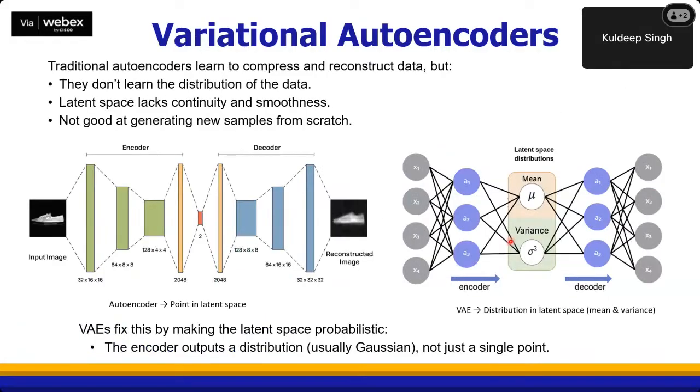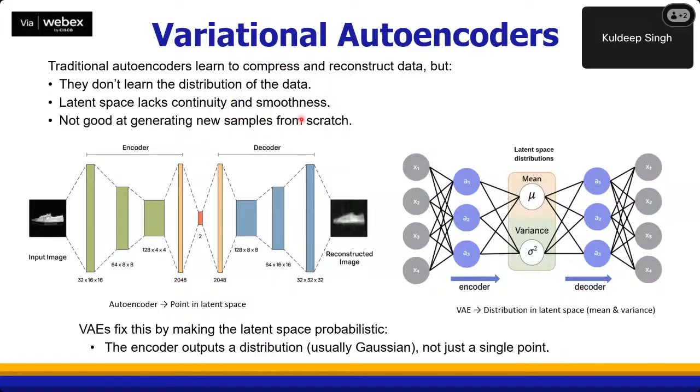So this is the summary here. In traditional autoencoders, we learn to compress the input data in a lower dimensional space, and we reconstruct the data with the help of the decoder. But the problems were that they were not generative in nature, and the latent space was not smooth.